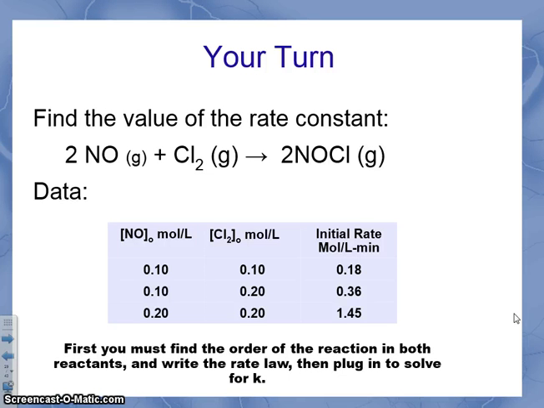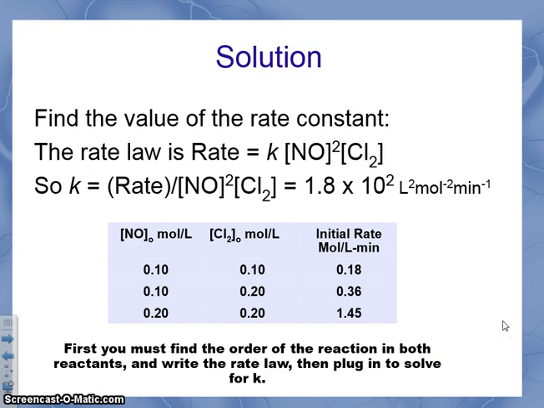Your turn. Find the value of the rate constant for this reaction given this data. This is the original concentration of the nitrogen monoxide, the original concentration of the chlorine, and this is the initial rate. Remember, the first thing you do is find the order of the reaction in both reactants and write the rate law, then plug in to solve for K. Here we go.